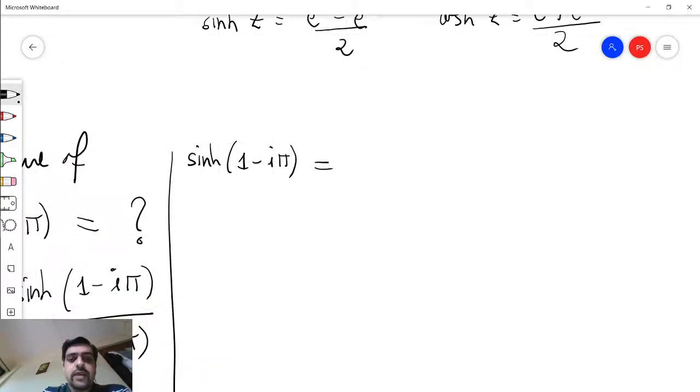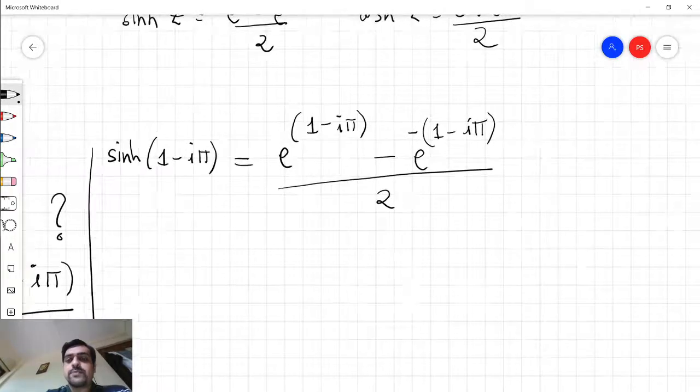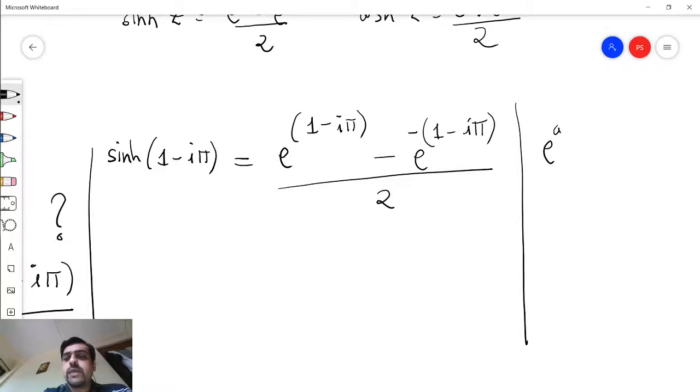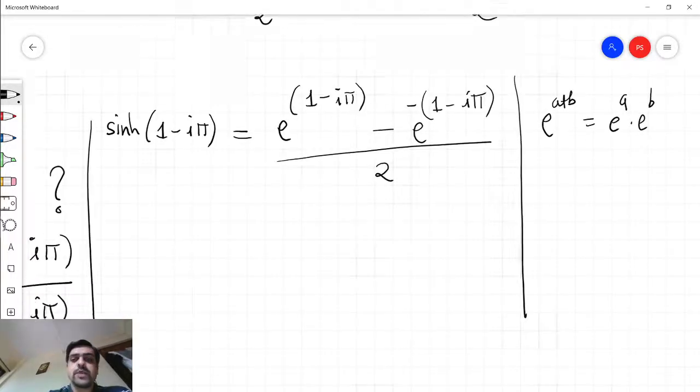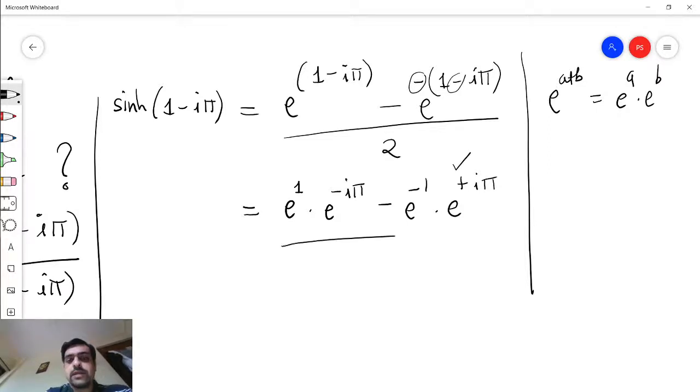So here we have e raised to 1 minus i pi minus e raised to minus of 1 minus i pi, divided by 2. Now note that e raised to a plus b can be split as e raised to a into e raised to b. Good. So we will write it as e raised to 1 into e raised to minus i pi minus e raised to minus 1 into e raised to plus i pi, since this minus becomes a plus, divided by 2.